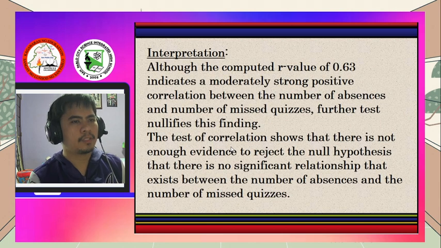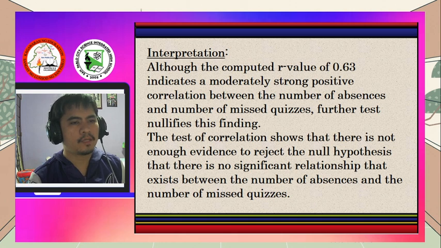So our interpretation: although the computed R value of 0.63 indicates a moderately strong positive correlation between the number of absences and the number of missed quizzes, further testing nullifies this finding.